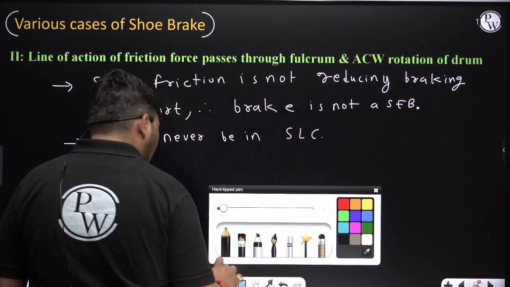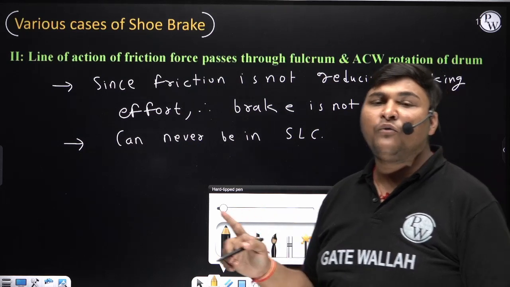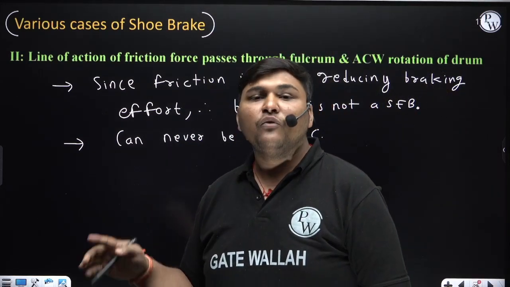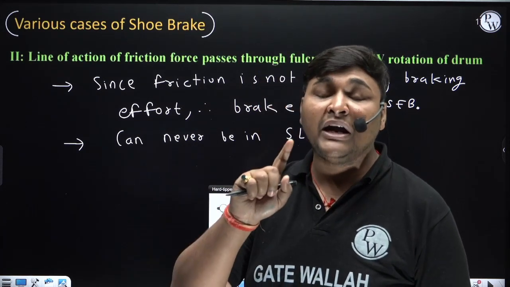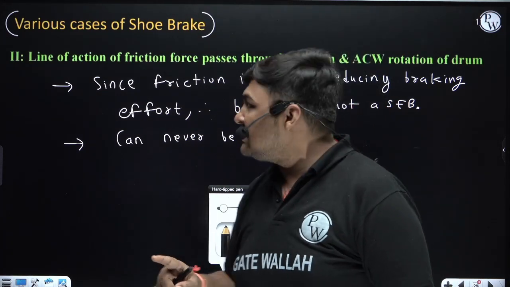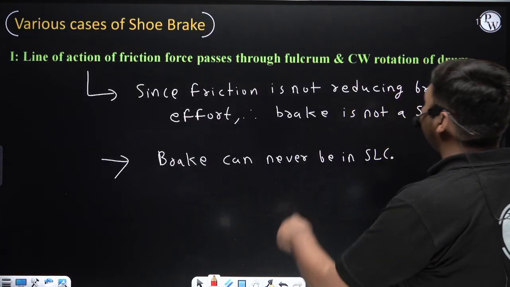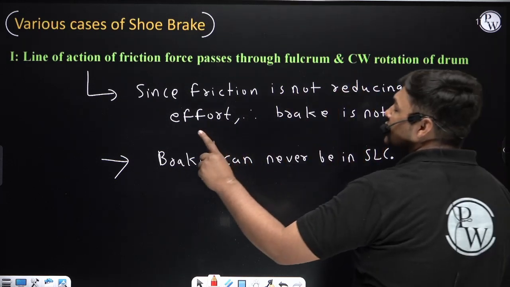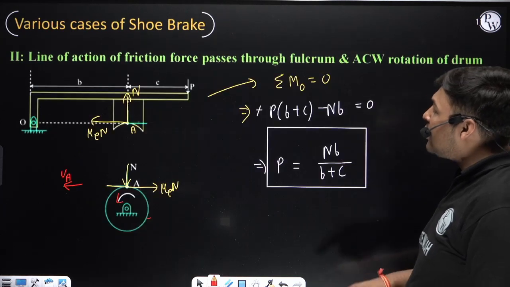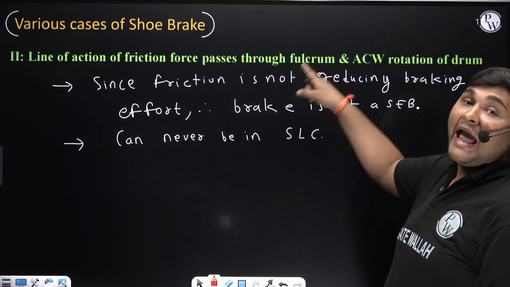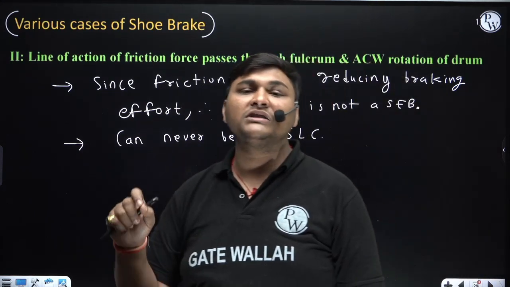Okay. Now if you want to remember this case, can I conclude whenever line of action of friction is passing through fulcrum O, whether drum is rotating clockwise or anti-clockwise, that brake will never be a self-energizing brake? Why, sir? Because when line of action of friction was passing through fulcrum O and drum was rotating clockwise, in that case also we concluded that brake is not a self-energizing brake. Similarly, when line of action of friction is passing through fulcrum and drum is rotating anti-clockwise, in that case also we concluded that the drum brake is not a self-energizing brake.